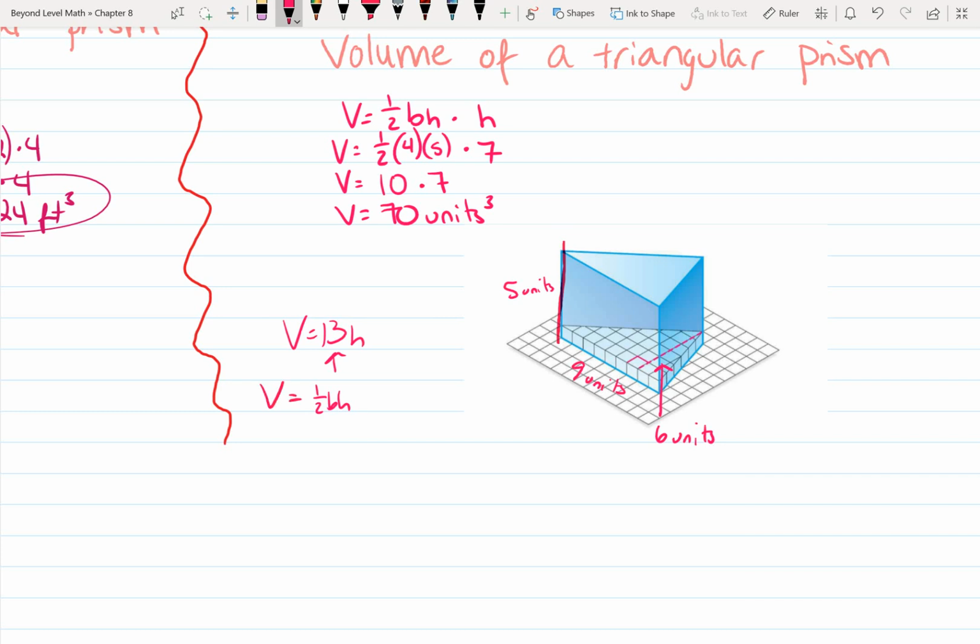So I will write that. So V equals 1/2 base of the triangle times the height of the triangle times the height of the prism.